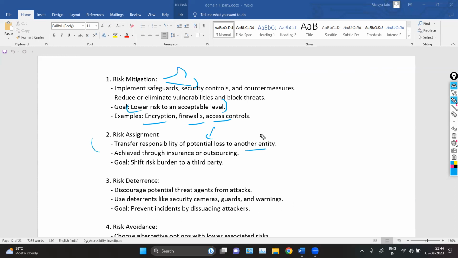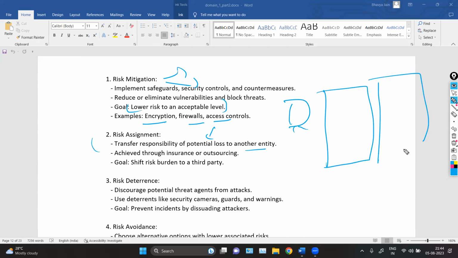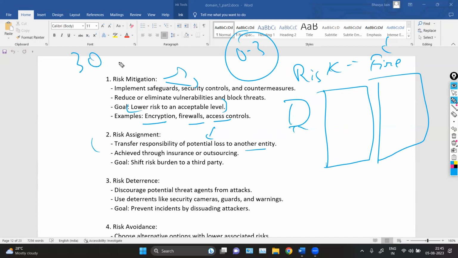Let's say your organization's buildings are exposed, and we have a risk factor, let's say fire, and let's say we have an exposure factor, or the SLE, of 0.3, which means the occurrence of this fire threat or fire risk can be one time within 30 years.